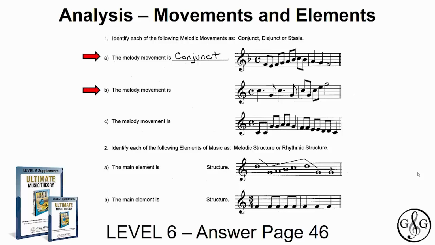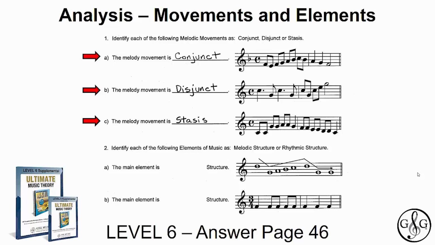For B, the melody movement is, what is your answer here? I see it moving by leaps, right? And by skips. And so the answer is disjunct. And for C, the melody movement is, well, we see a lot of repeated notes there before moving on to the next. You might even recognize that little melody there, and that is stasis. Now, question 2 says, identify each of the following elements as melodic structure or rhythmic structure.